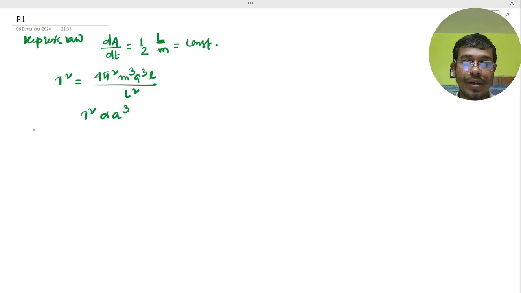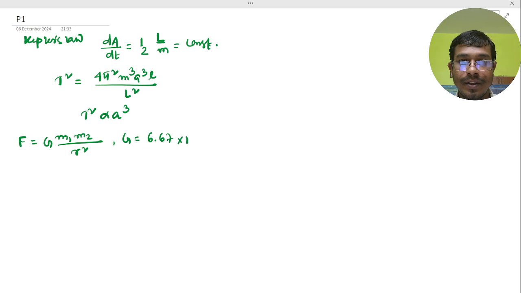And we have Newton's law of gravitation, that F equals G m1 m2 divided by r squared, where G is the gravitational constant with value 6.67 times 10 to the power minus 11 newton meter squared kg to the power minus 2.